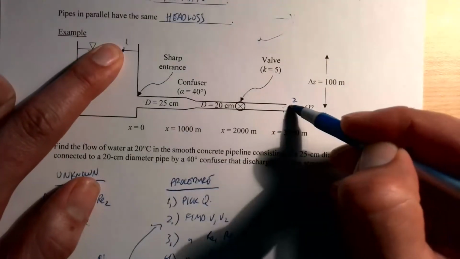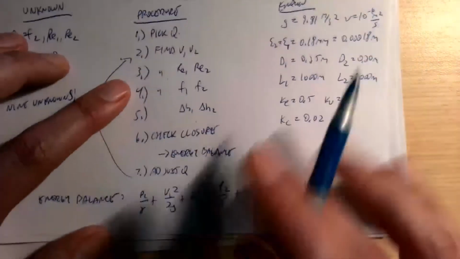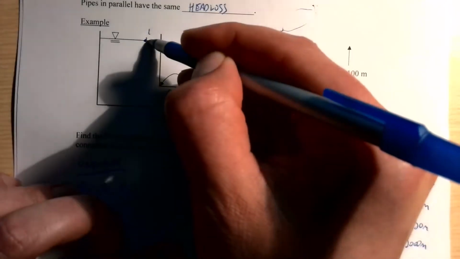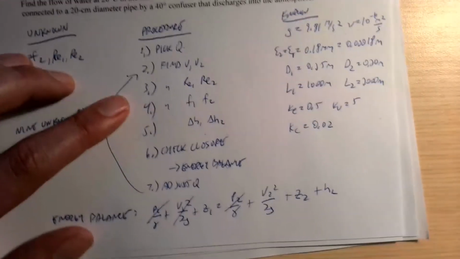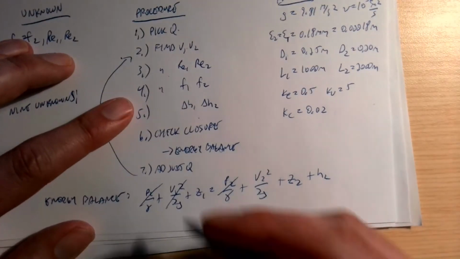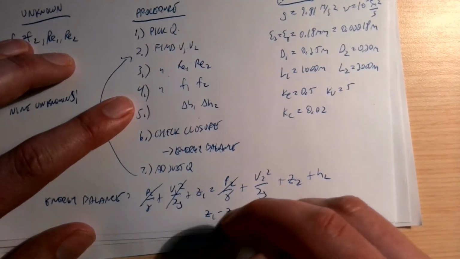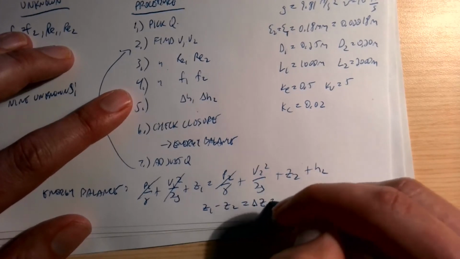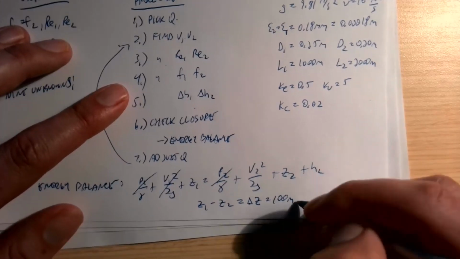Both of these are open to the atmosphere, so the pressure is atmospheric, and those terms are gone. V1, it's a big tank, so it's gone. So I've got Z1 minus Z2, which I know is delta Z, equal to 100 meters.